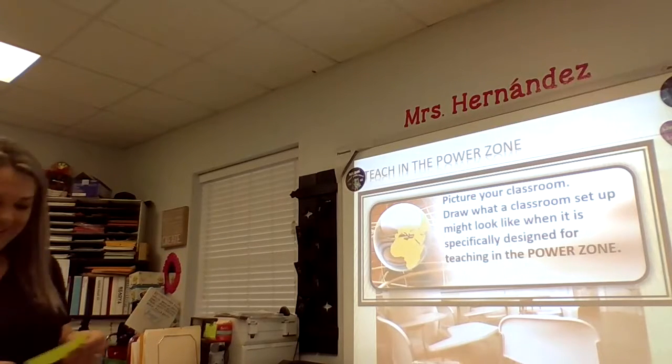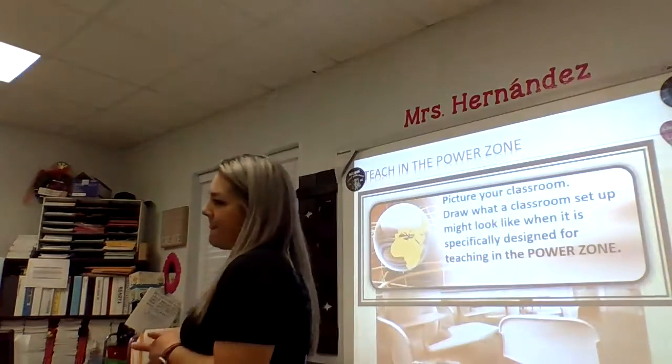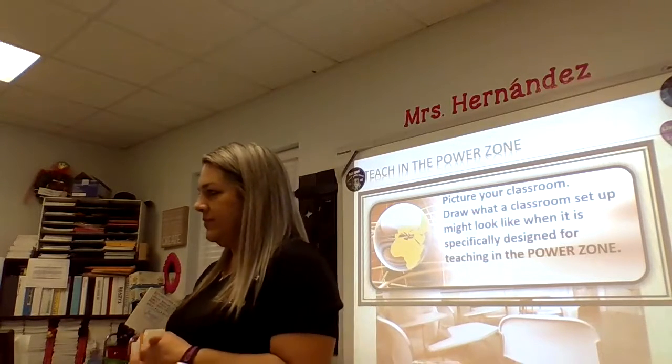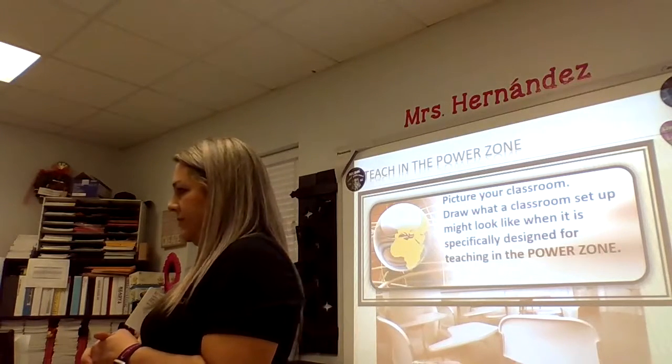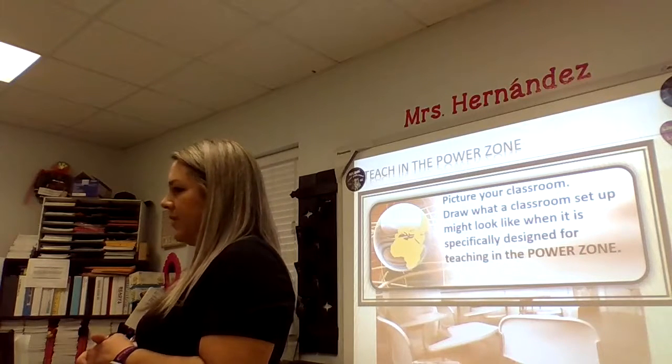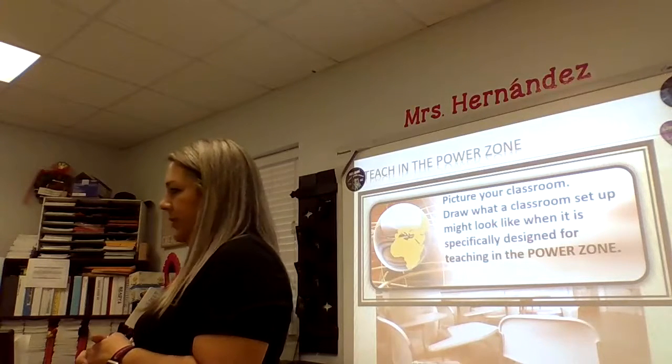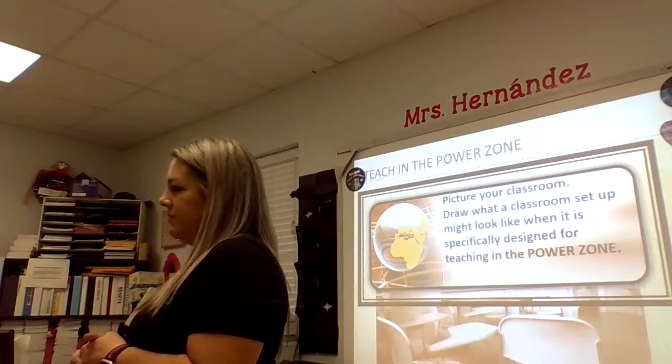Mr. Trevino, can you share? Mine, I usually have the kids at least once a week in centers, and they start with explore, where they get the background of what they're going to be learning. Once they finish the activity, they move on to the reading station where they read for information and answer some questions.